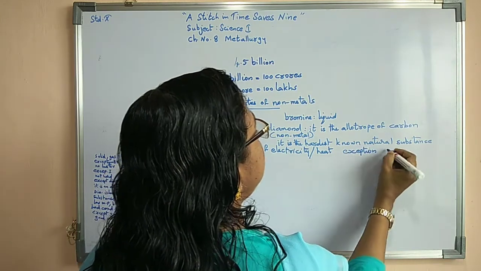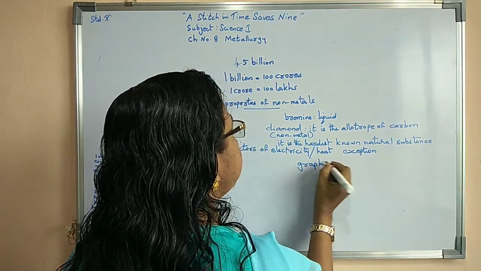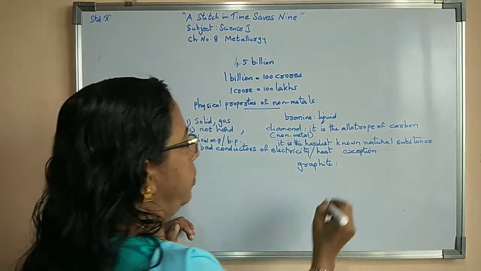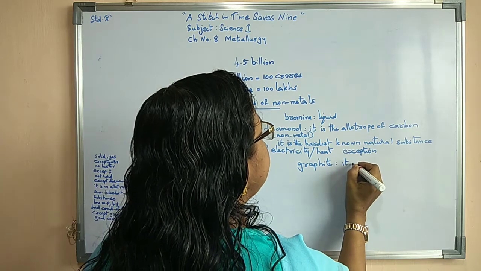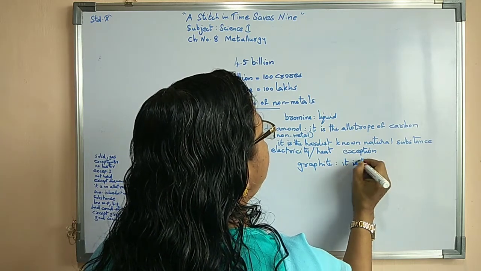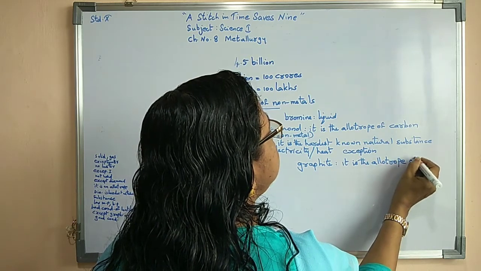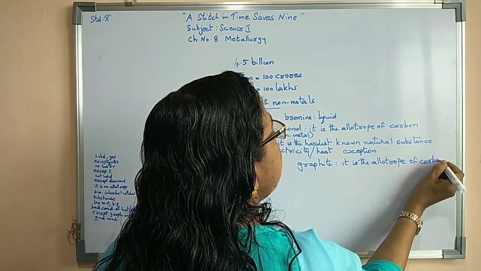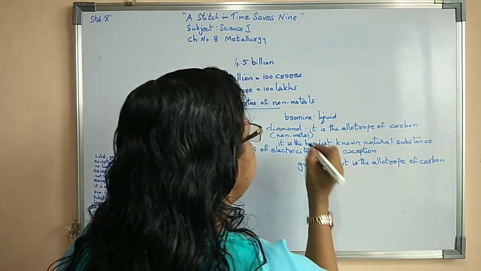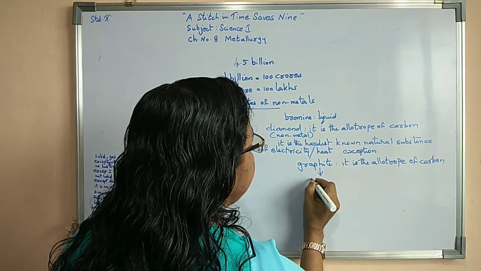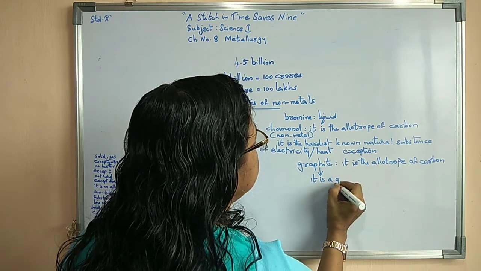In case of graphite, which is again an allotrope of carbon, one more property is that graphite is a good conductor of heat and electricity.